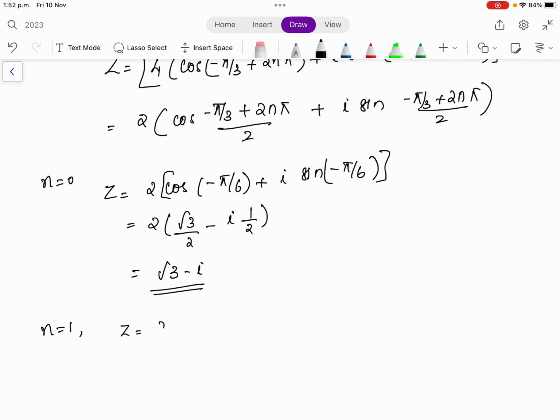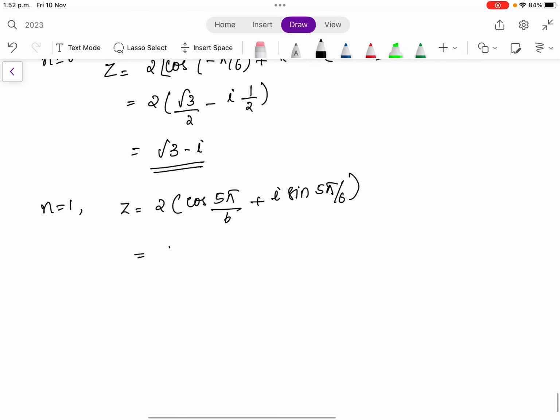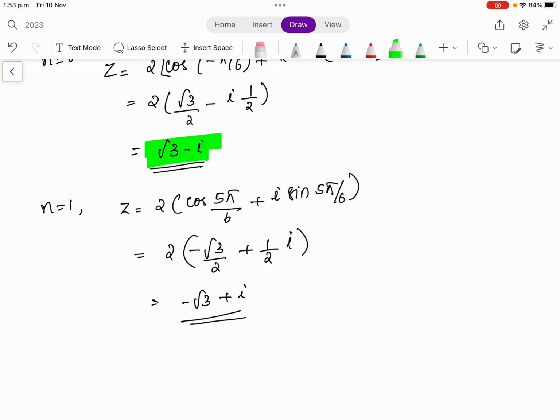So z is equal to 2 [cos 5pi/6 + i sin 5pi/6] when you simplify, that is equal to 2 into [minus root 3 by 2 plus 1 by 2 i], that is equal to minus root 3 plus i. So the roots are minus root 3 plus i and root 3 minus i.